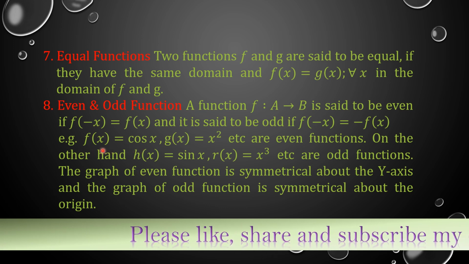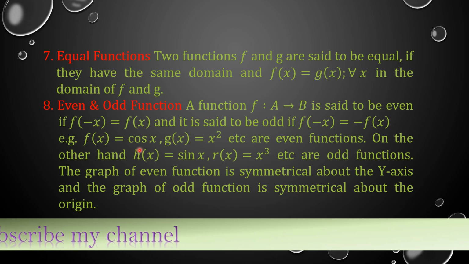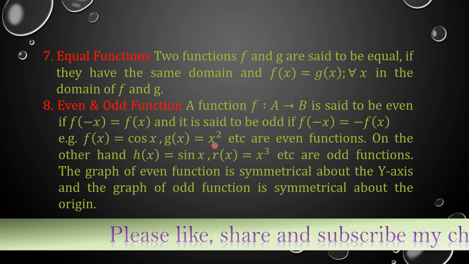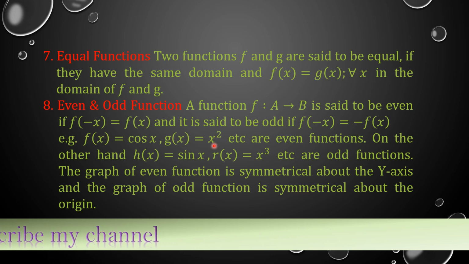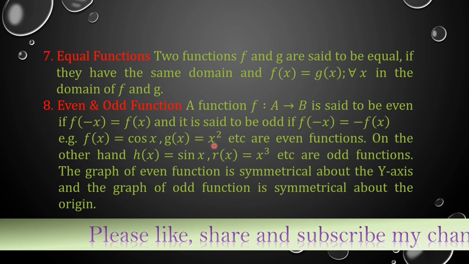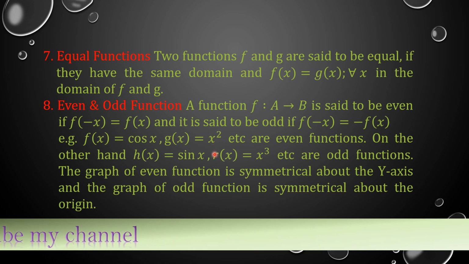Therefore, we can say that the function f(x) is equal to cos x is an even function. Similarly, here also g(x) is equal to x square. After replacing x by minus x, (-x) whole square is again x square, is it not? So x square is again g(x). So we see here that g(x) and g(-x) both are equal, and therefore this function is also an even function.